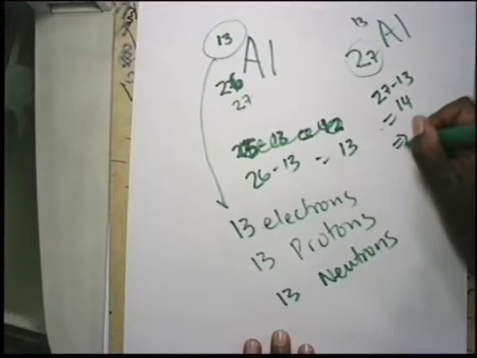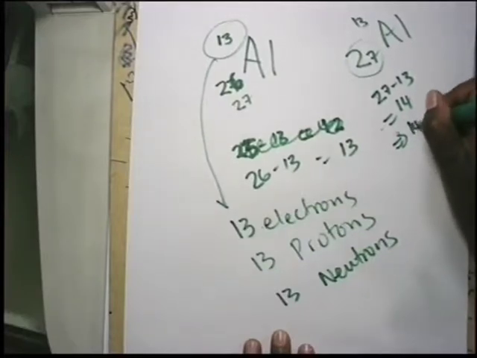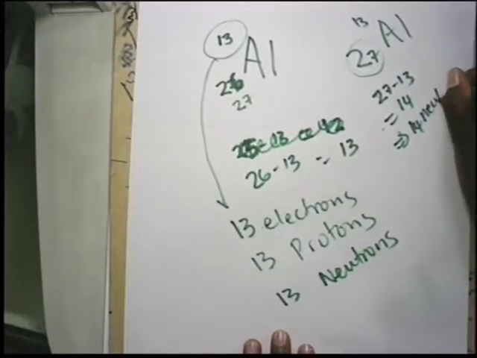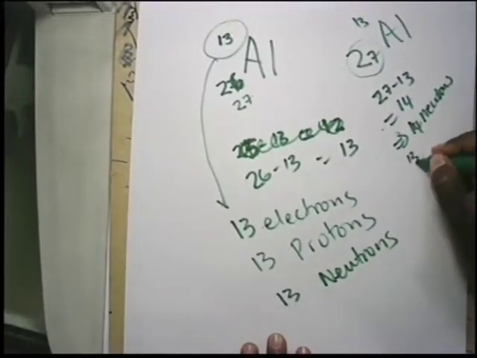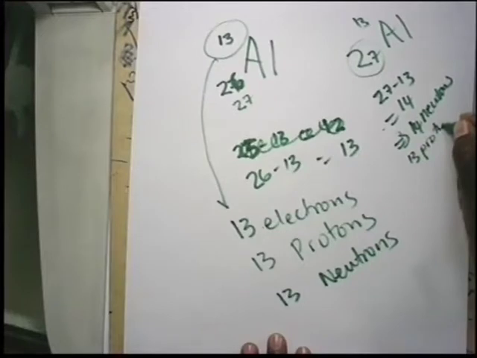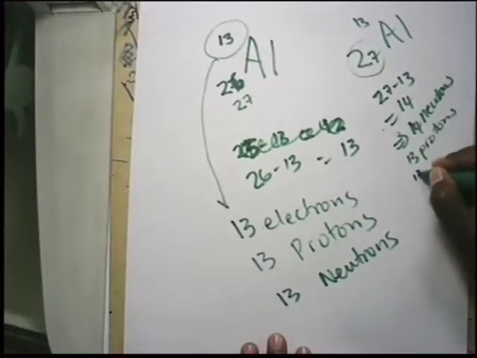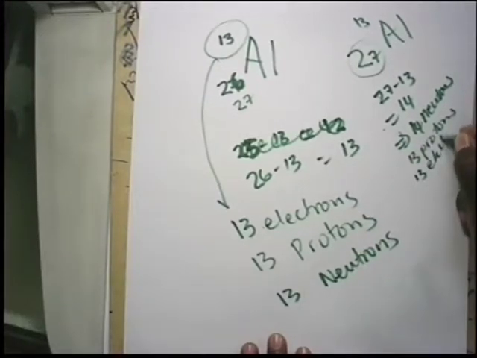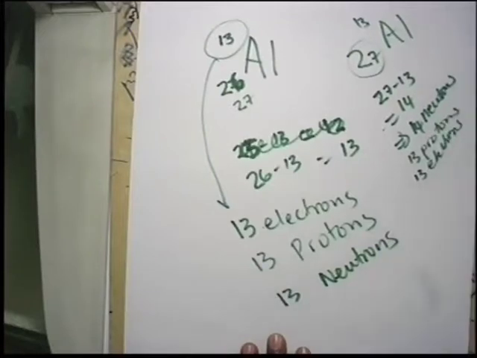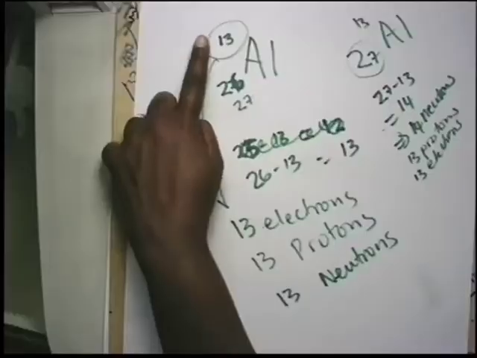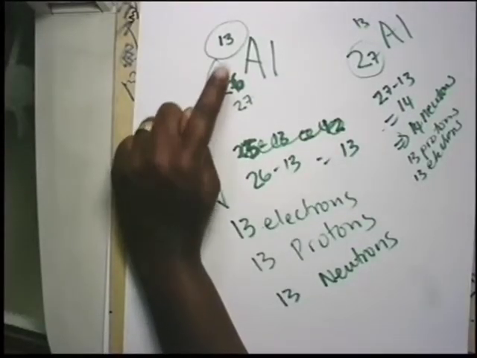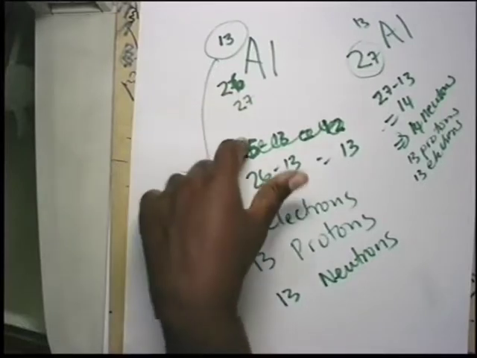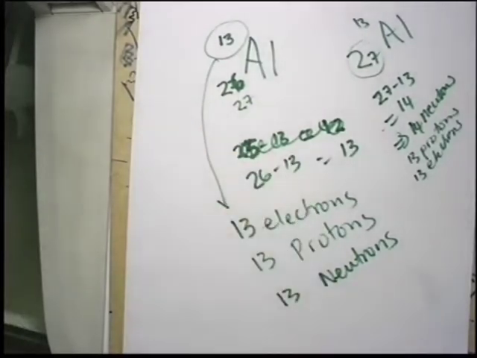That means it has 14 neutrons in its nucleus, 13 protons, and 13 electrons. So you just need to subtract the atomic number from the mass number, from your periodic table, and that gives you the number of neutrons.